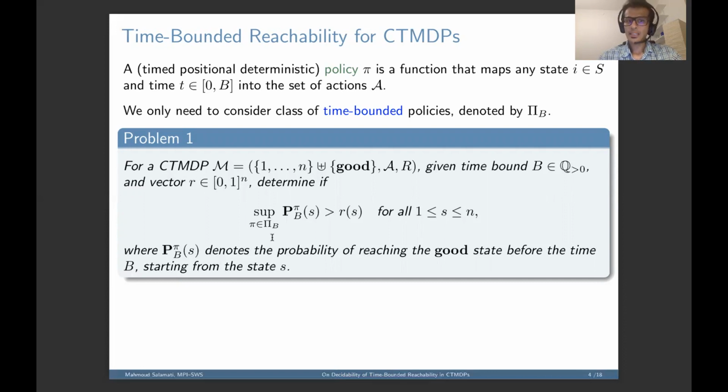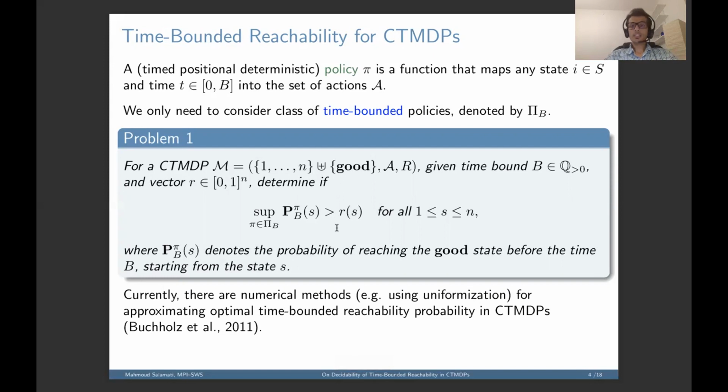And we are asked whether there exists a policy with which we can start from an arbitrary state S, and before time B, we can reach the good state with probability higher than a given threshold denoted by R.